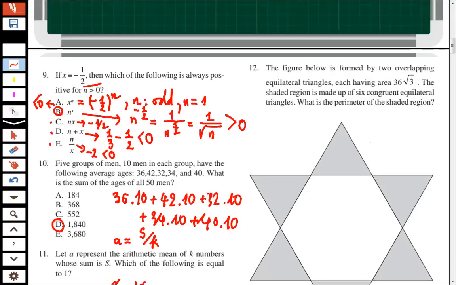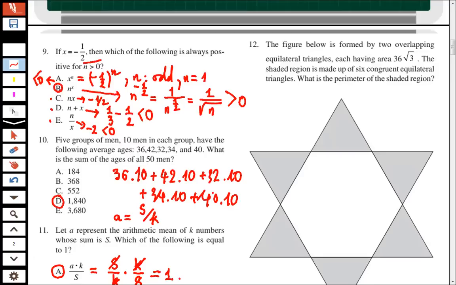Question number 12. The figure below is formed by two overlapping equilateral triangles, each having area 36 times square root of 3.